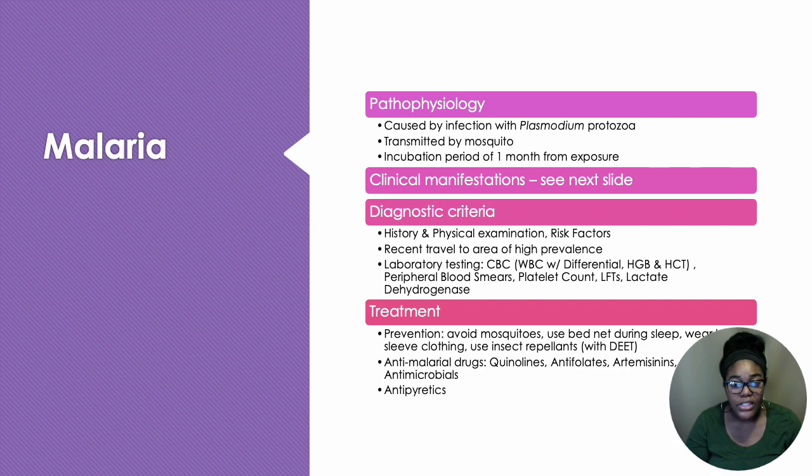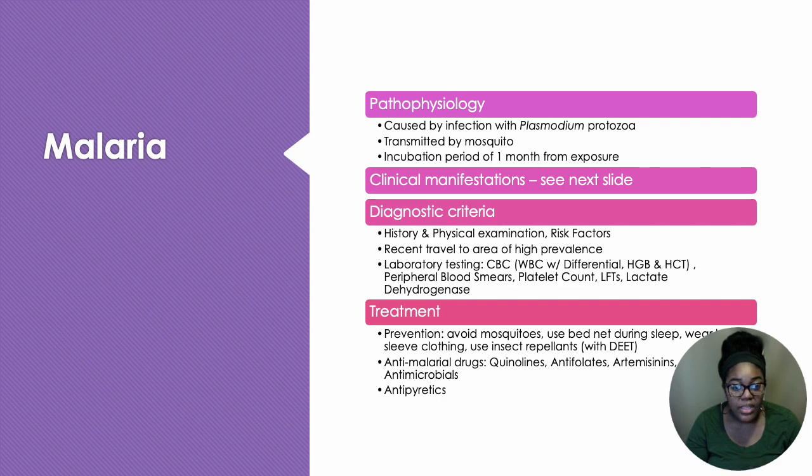You're also looking at your red blood cell counts. You want to look at the peripheral blood smear, and that's literally a picture that they're looking at to see if the plasmodium is within the red blood cells. You'll look at the platelet count, liver function enzymes, and also your lactate dehydrogenase.